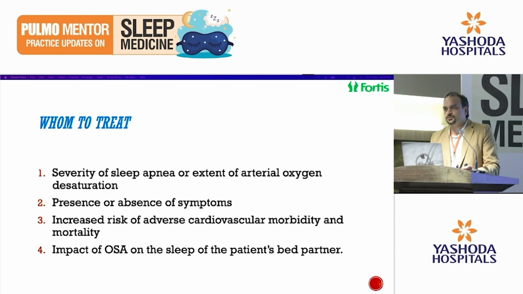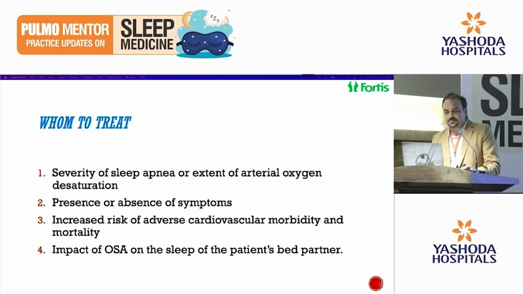So whom should we treat? All the sleep apnea patients, all the sleep disorder patients. How do we treat? These are the four major factors we should consider while planning treatment for our patients with PAP therapy. Severity of sleep apnea, which has many ifs and buts that we were discussing. Extent of arterial oxygen desaturation, if we are treating overlap syndromes.